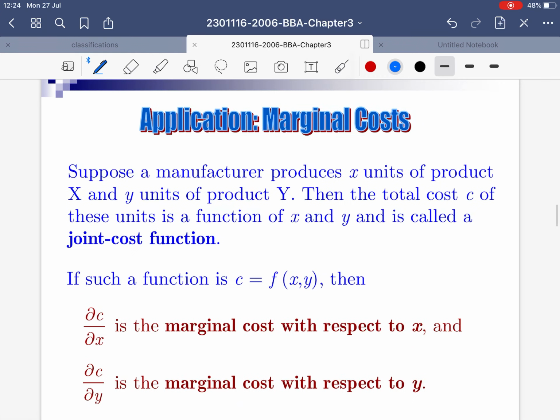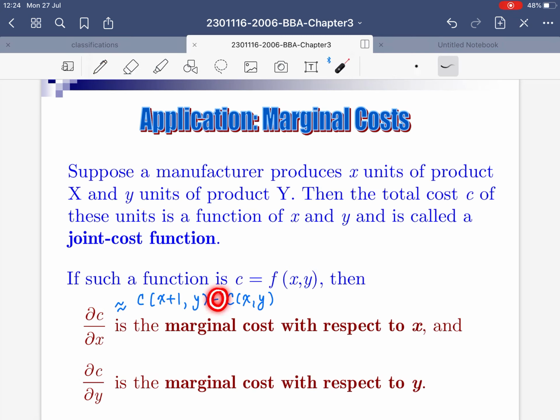Then we know that this can be a good approximation of c of x plus 1, y minus c of x, y. It is a cost that may either increase or decrease depending on the sign. If it is positive, the cost is increasing. If it is negative, the cost is decreasing.